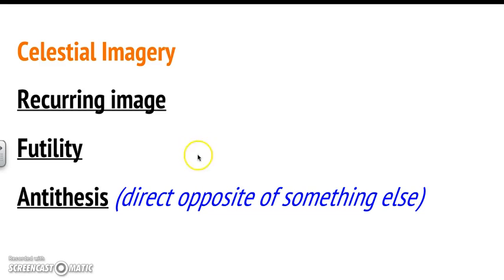Also, it could be an antithesis. Antithesis means a direct opposite of something else. Good word to use. It could be an antithesis to the fleeting and futile war. And his death represents the timelessness and all-encompassing significance of both the war and the world in general, our atmosphere.